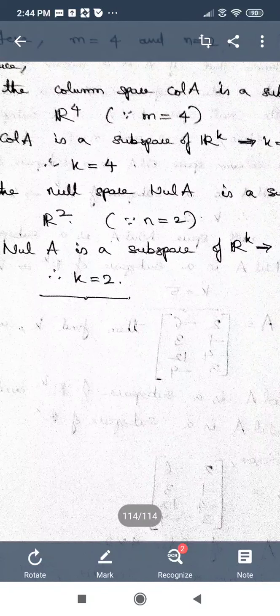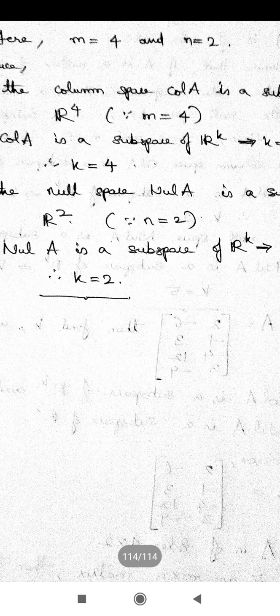Rm is m-dimensional space with entries as real numbers, consisting of all the column vectors of order m by 1, and Rn is an n-dimensional space with entries as column vectors of order n by 1.